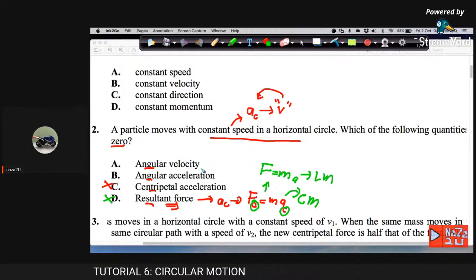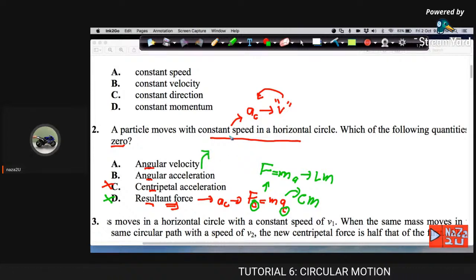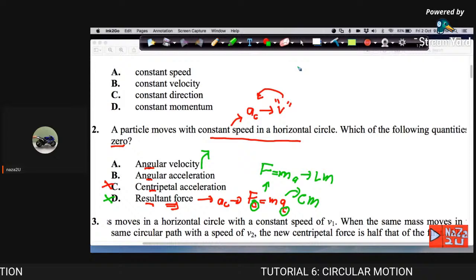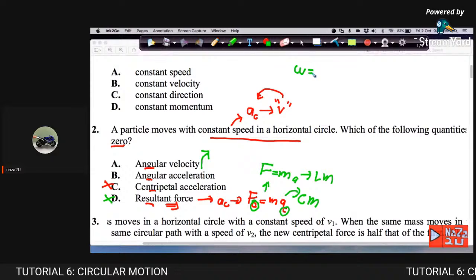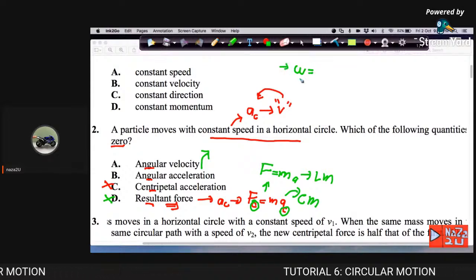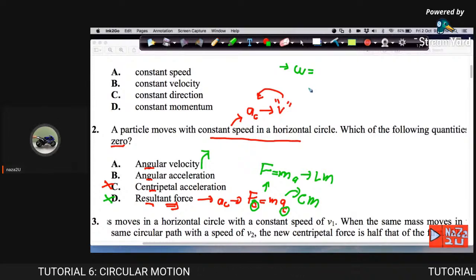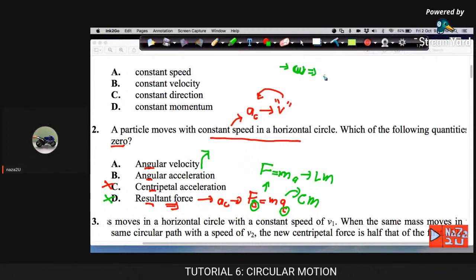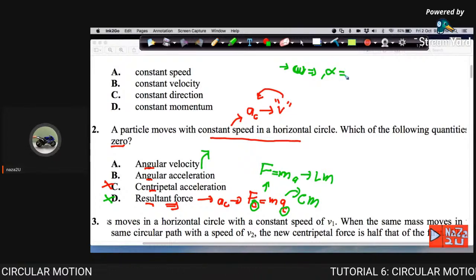So look at number B, angular acceleration. Here we have a constant speed, because we have omega. Okay, so yang ni sebenarnya kita akan belajar dalam chapter 7 rotational motion. Cuma dalam ni kamu akan belajar mengenai omega. Omega is angular frequency, and alpha is angular acceleration.